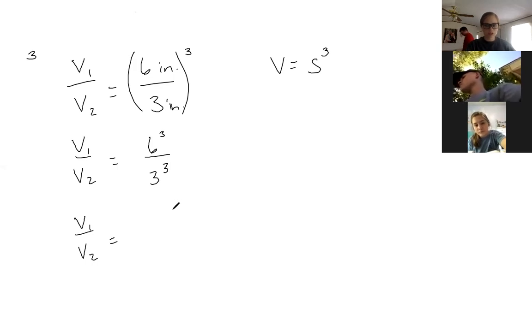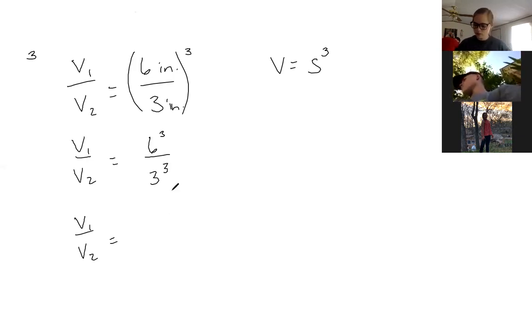Well, 6 cubed: 6 times 6 is 36, times 6 is 216. 3 cubed: 3 times 3 is 9, 9 times 3 is 27.